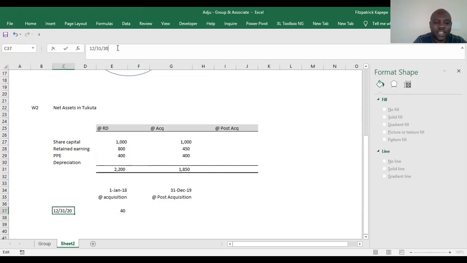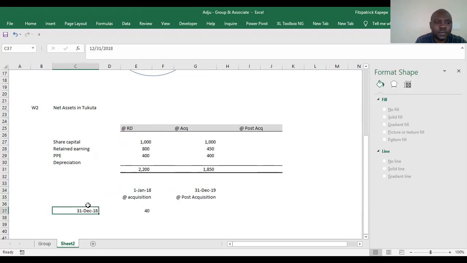You can even do it like this. But then you want to go up to 31st December 2019. So on 31st December 2019, it will also be 40 by 10.